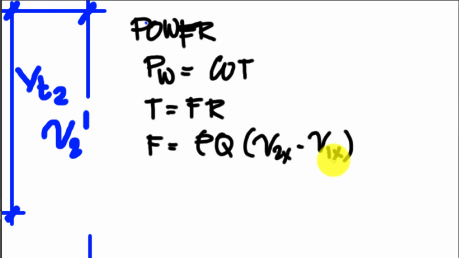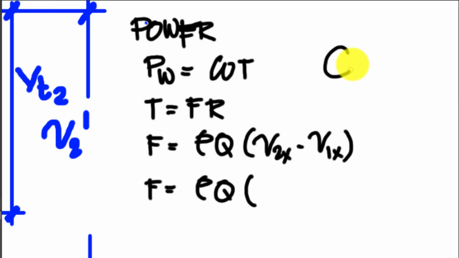Okay? Since from the previous lecture this is represented as x, since we have x and y axis, we're going to change this one to the tangential velocity since we are in rotation, no? So rotating, so the velocity is already tangential if this is rotating.